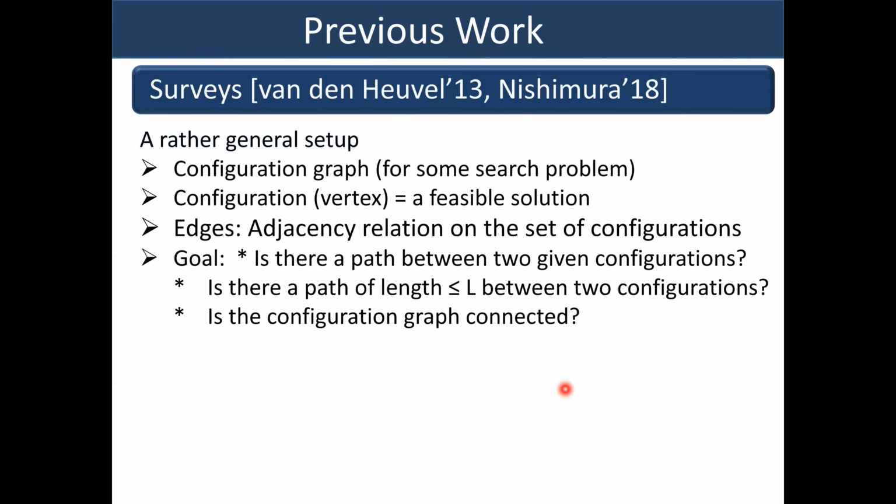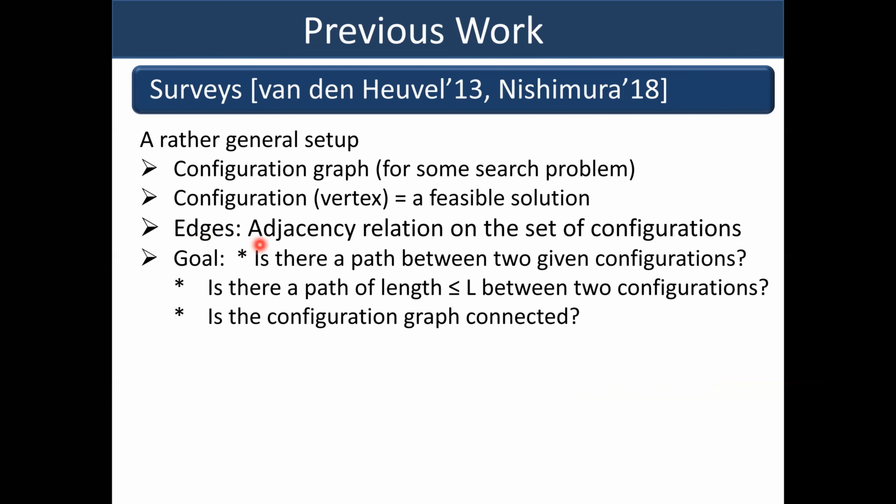Now, there is a large body of work on graph reconfiguration problems, and the setup is rather general. You can imagine that we consider a configuration graph for some search problem, such as maximum matching. And the vertices, or the configurations, correspond to feasible solutions of this search problem.